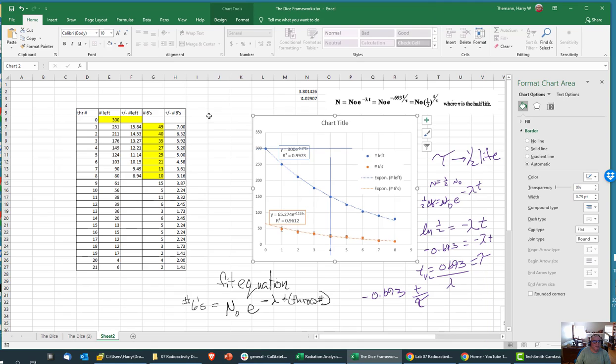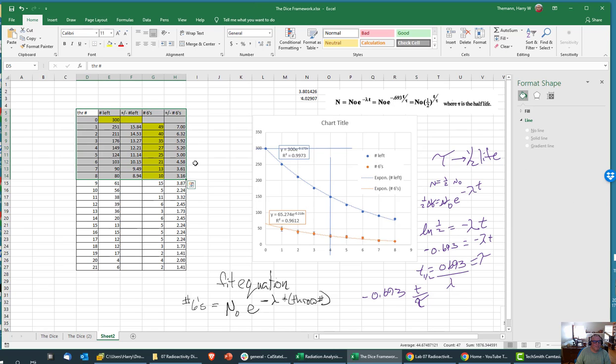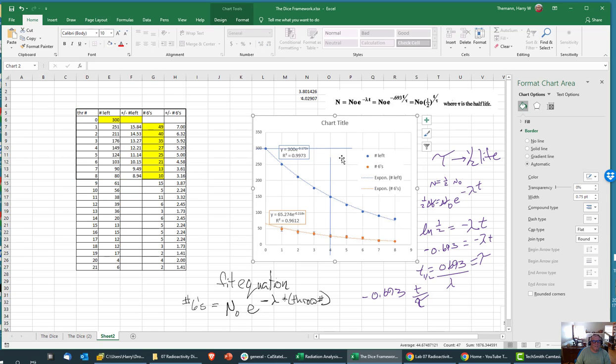So you would have the table. You'd have an explanation of the table. You have the graph here. These lines I put in are useful. And an explanation of what our lambda is. Oops, what our half-life is.